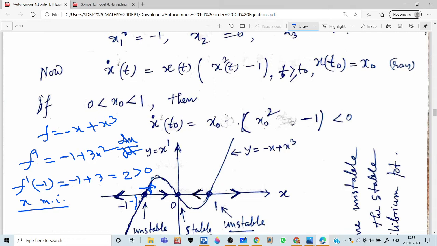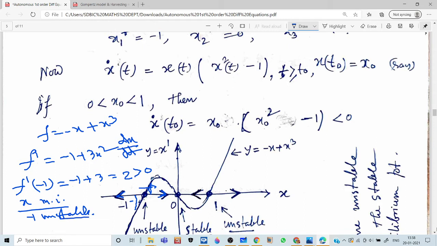So here -1 is unstable, and hence we put two arrows away from -1.